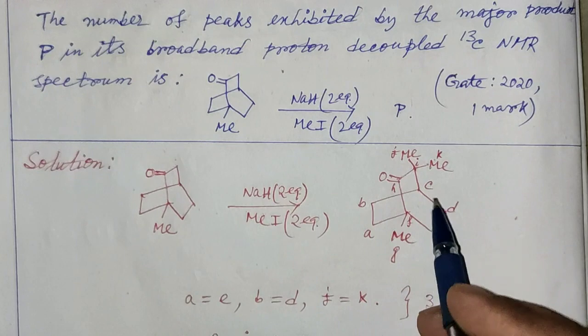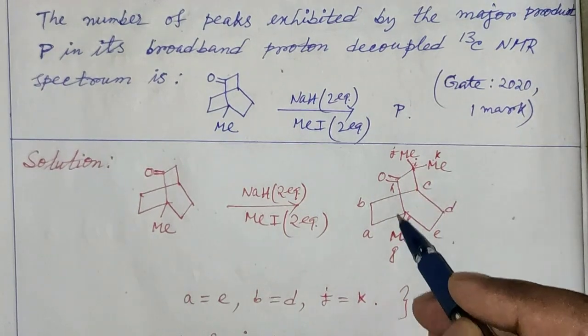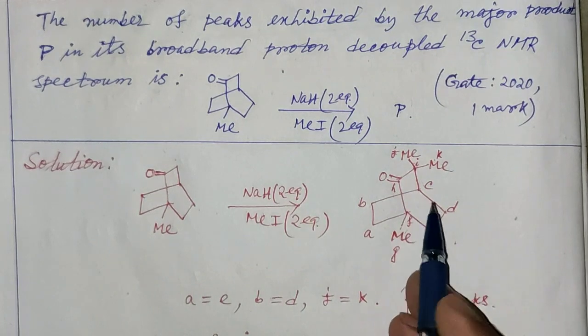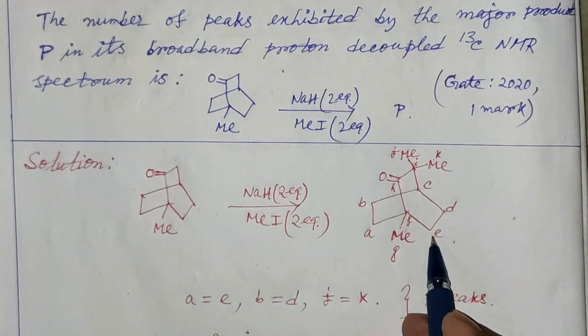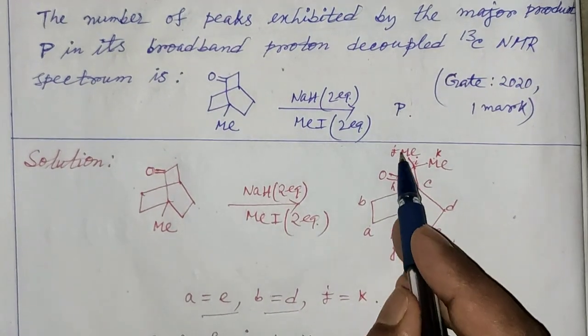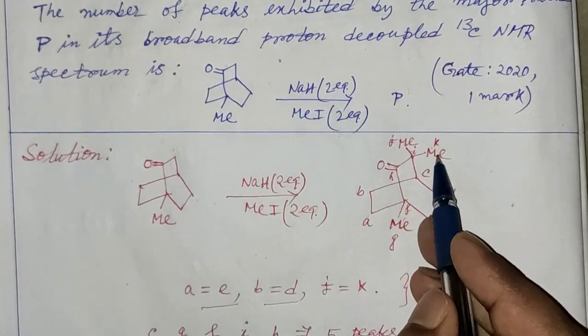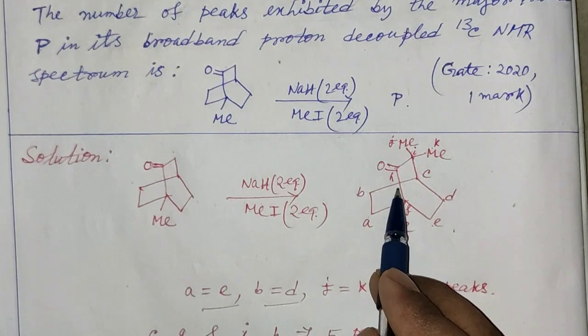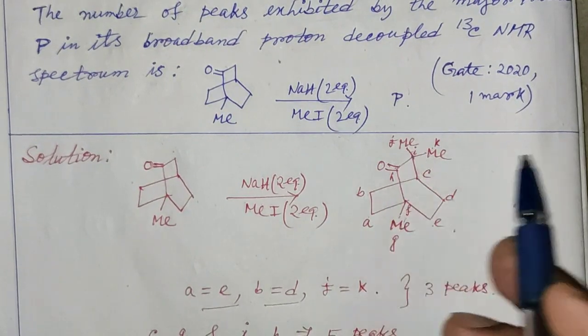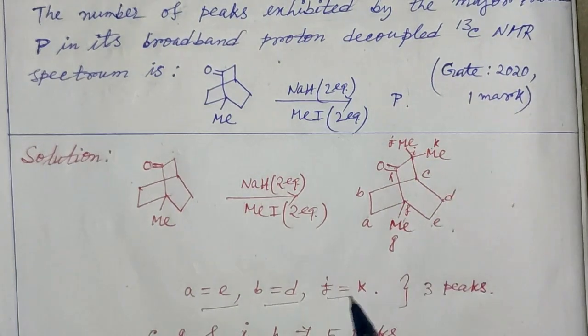So we can consider a sigma plane containing these carbon atoms, and it will bisect the molecule, for which A will be equivalent to E, B will be equivalent to D, and these two methyls will be equivalent since it will bisect the molecule into two halves. They are enantiotopic, so they will be equivalent.